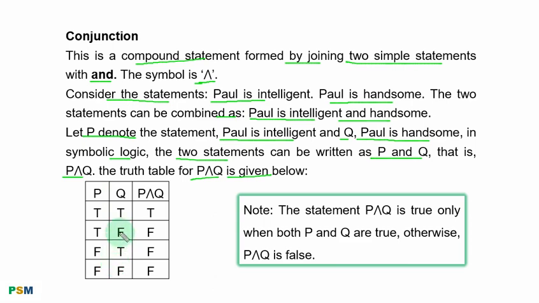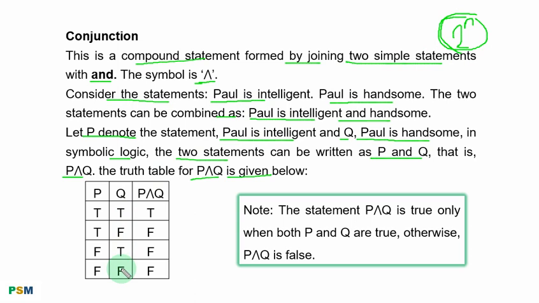For you to know the number of outcomes, you use 2 to the power of n, where n is the number of sub-statements. Here we have 2. So 2 power 2 is equal to 4. You start with Q. You ascribe true, followed by false, another true, then false.